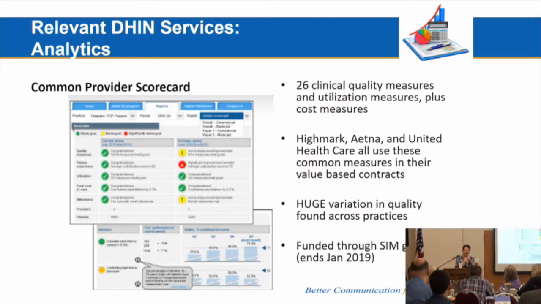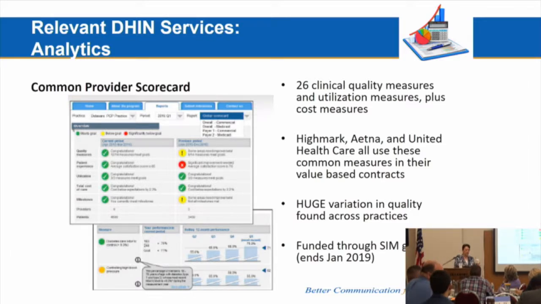I think Highmark is using 75% of these, and then they've got a few others that they've still added on. But Aetna and United are just using these. So, pretty cool. Now, we at DHIN have produced a scorecard place that you can log in and see your performance against these measures.